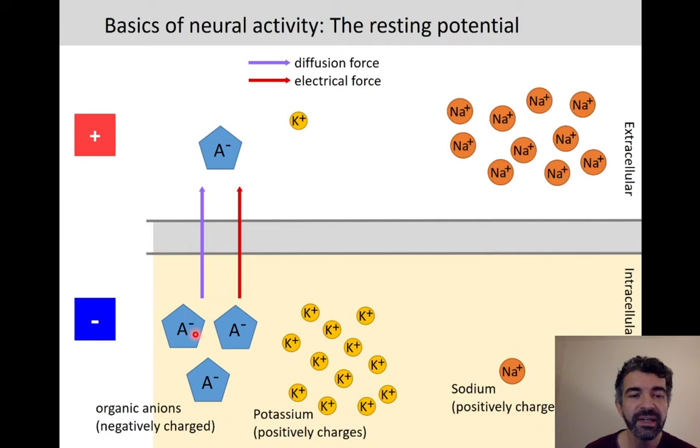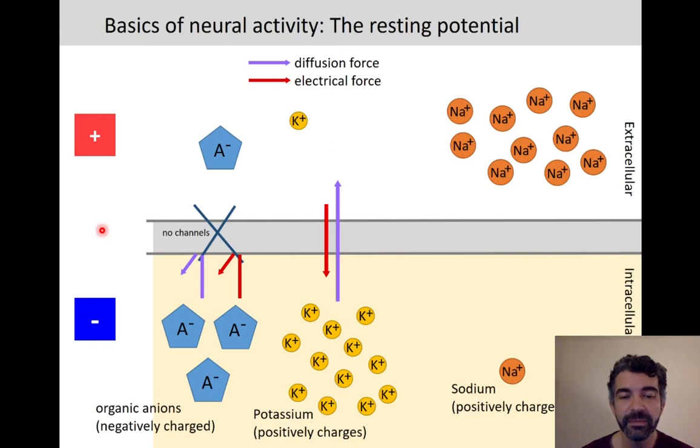You can see the inside is negative, they are negative, so they want to go to the other side, which is more positive. That's the electrical force. At the same time, there's also the diffusion force because there are more of them on the inside of the cell than on the outside. So they work both in the same direction, and you might think, okay, maybe they can get there, but they actually cannot because there are no channels for them to go through the membrane. So they have to stay inside.